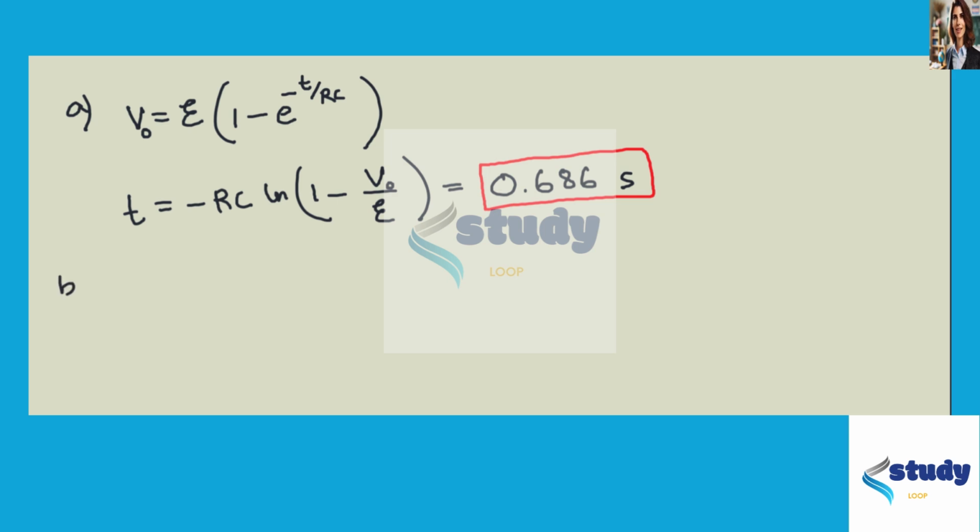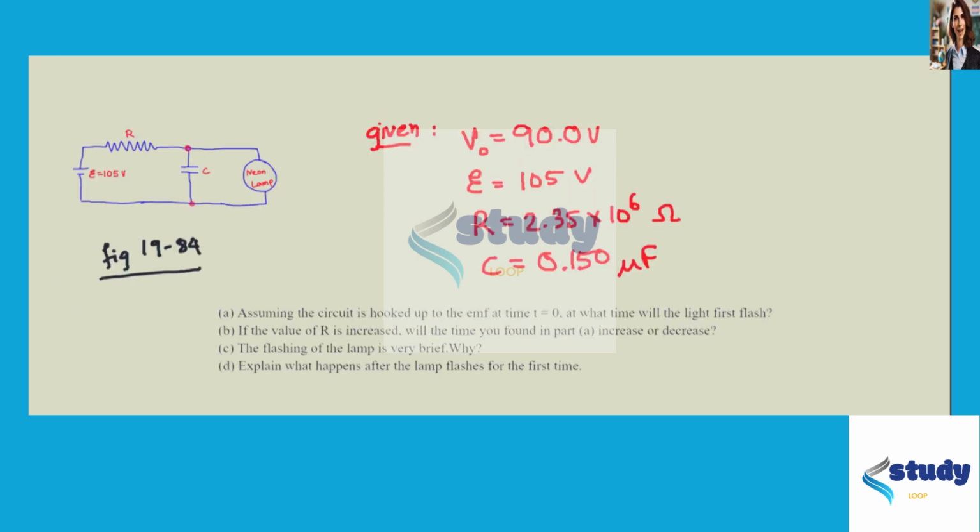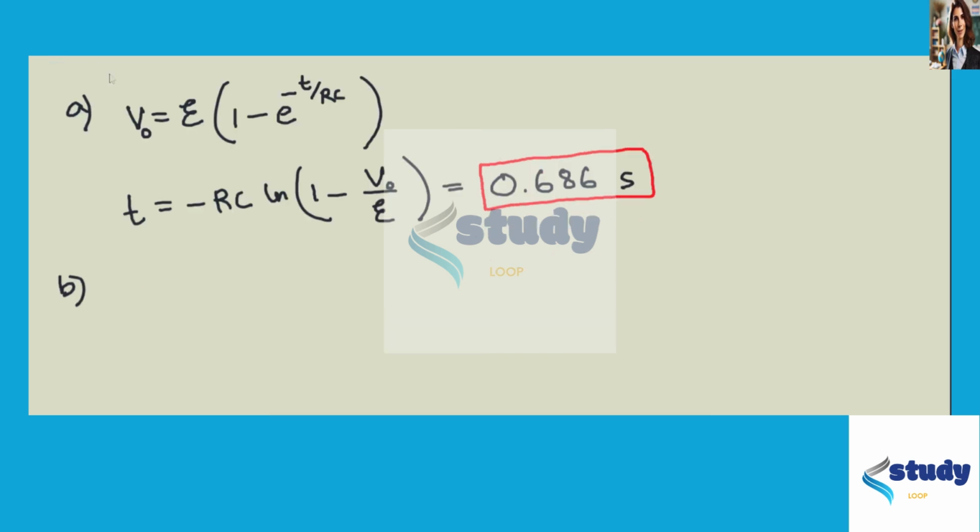Now, in part B, it says if the value of R is increased, will the time you found in part A decrease or increase? We see R is proportional to T, and the other quantities, the capacitance, the threshold voltage and the EMF voltage, are not changing.